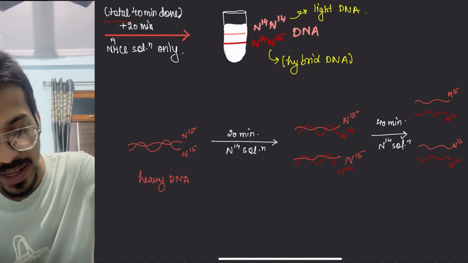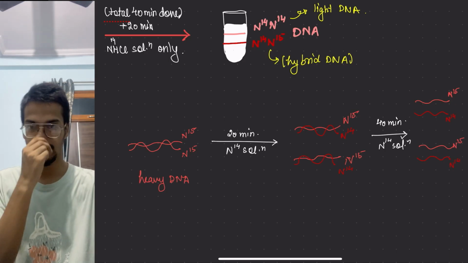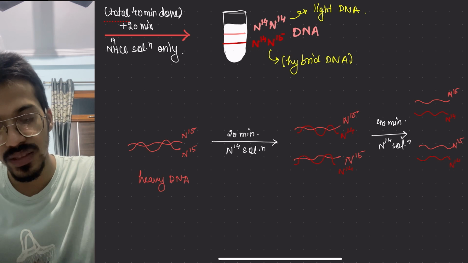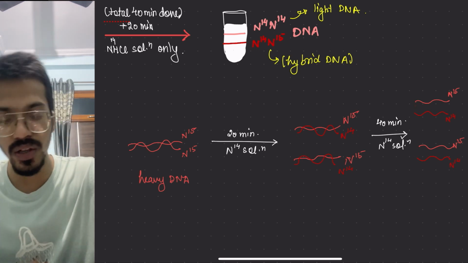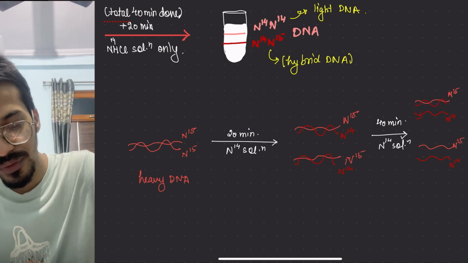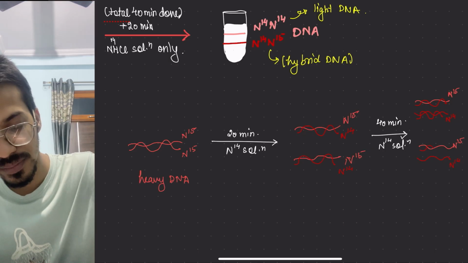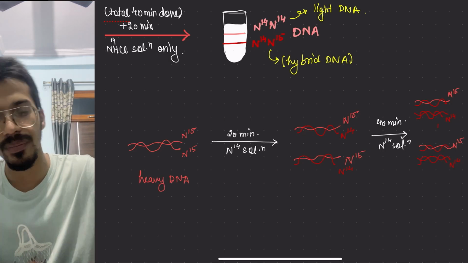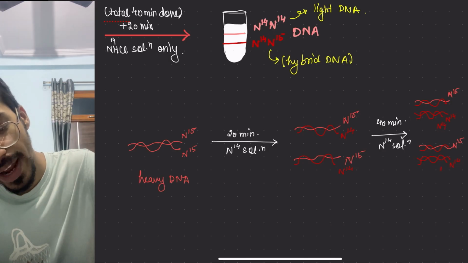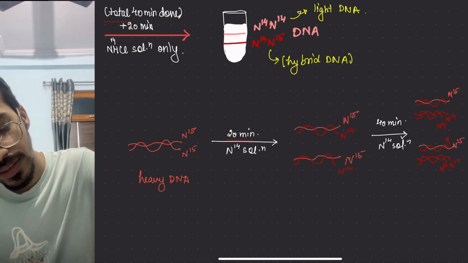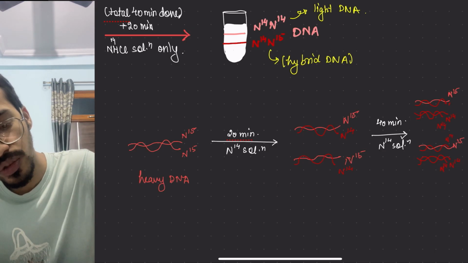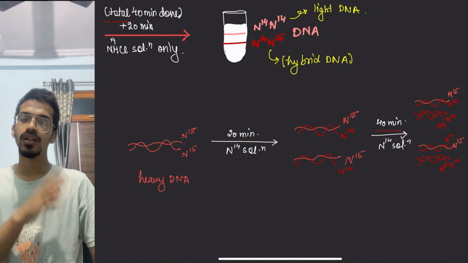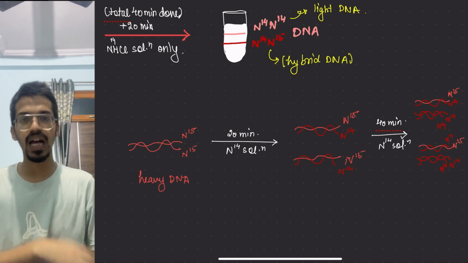On the top, what has been added? N14 will be the counterpart of it. So this is the N14 strand. There is a strand of N14, N14, and there is a strand of hybrid also. The amount doubles from the last.